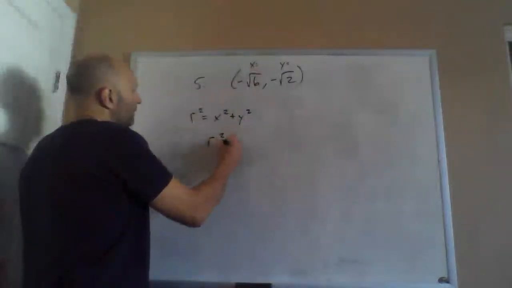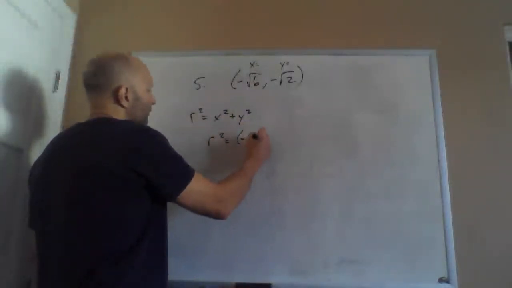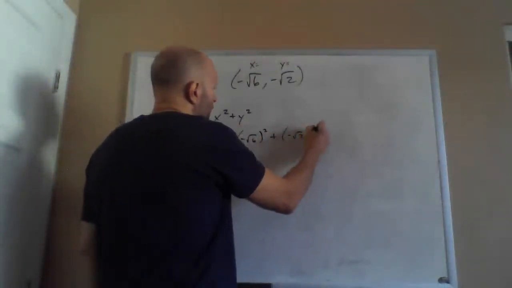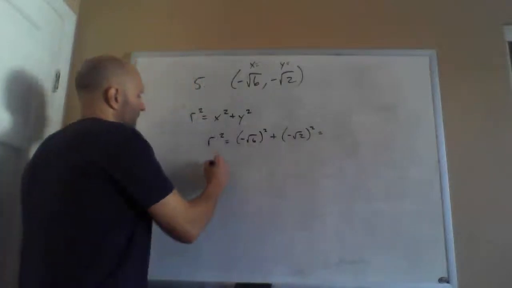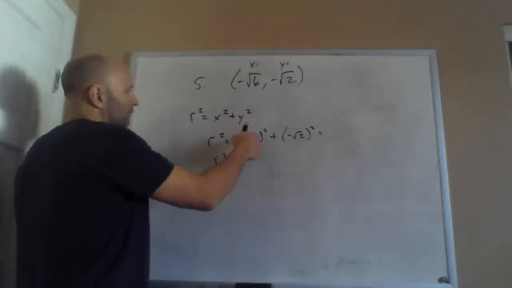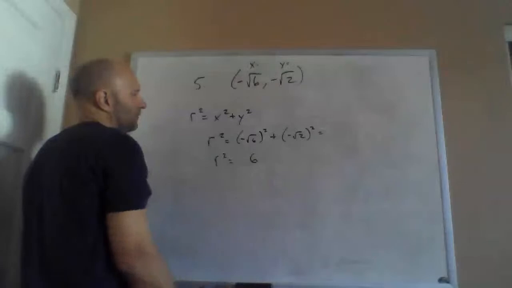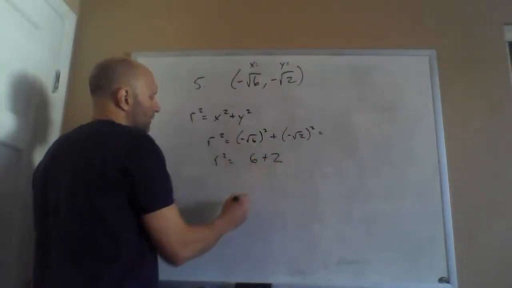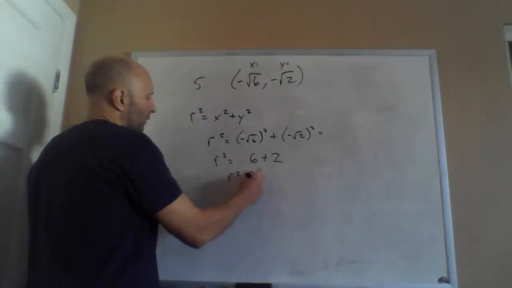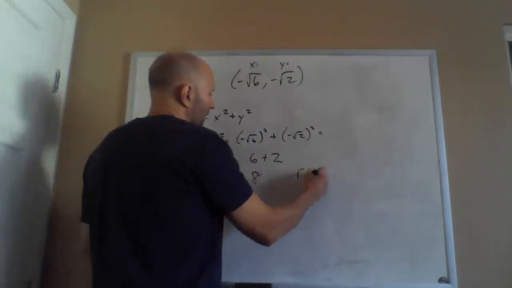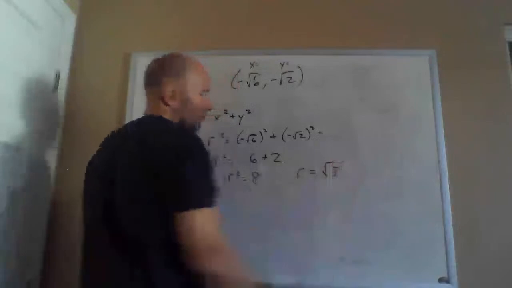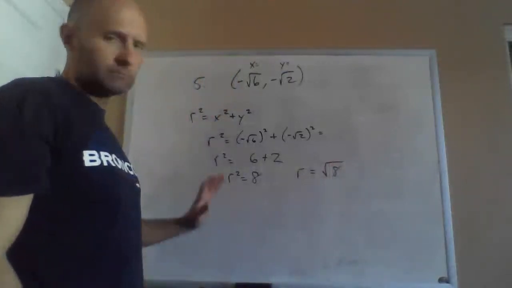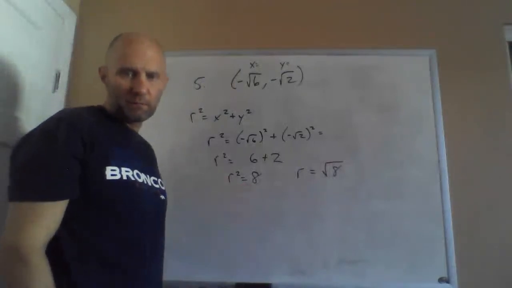So r squared is negative root 6 squared plus negative root 2 squared. So negative root 6 squared is just positive 6, negative root 2 squared is just 2. So this means r squared is equal to 8. So r is equal to the square root of 8. Questions on that?